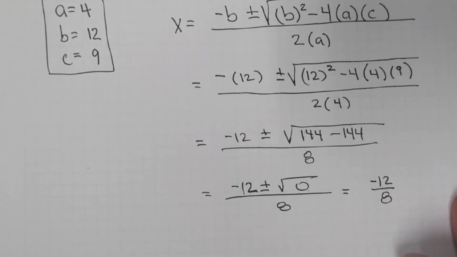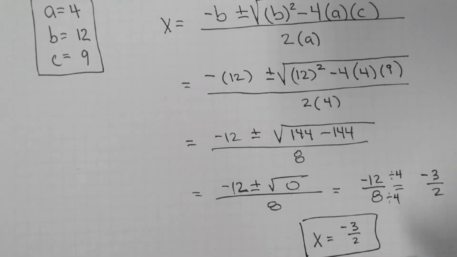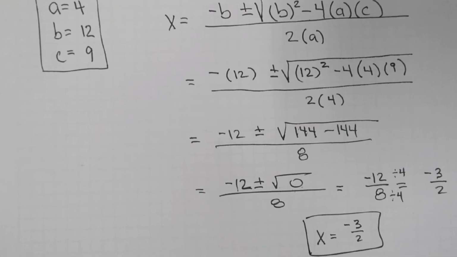We don't need the plus or minus anymore, because there's nothing left over. It's just plus 0. And then we can reduce this. Divide this by, let's say, 4, on top and bottom, you get negative 3 over 2. So x equals negative 3 over 2. There's my solution, my real answer to this quadratic.